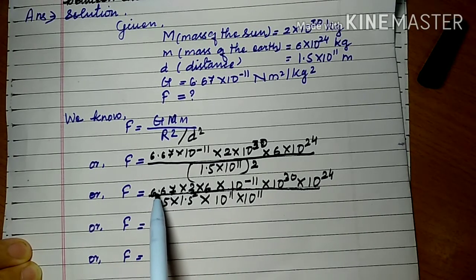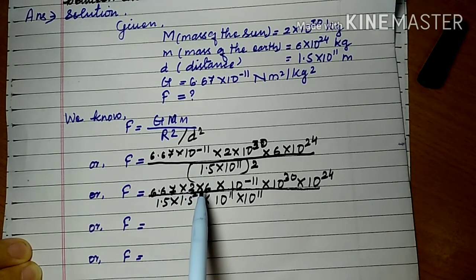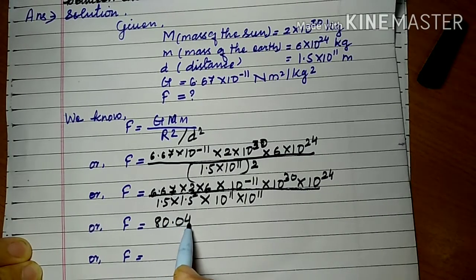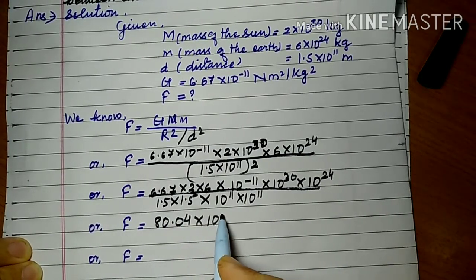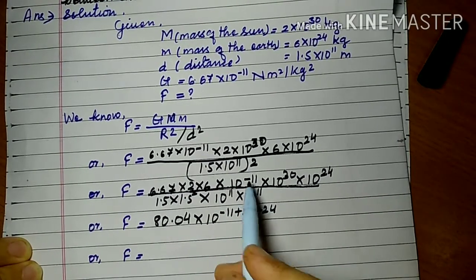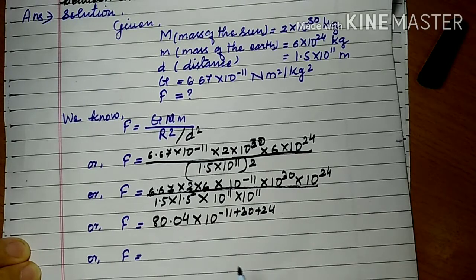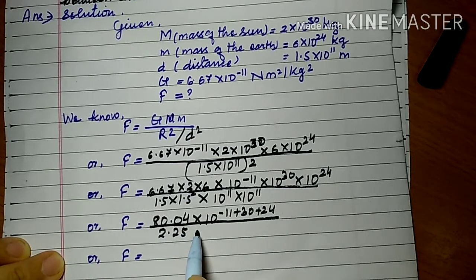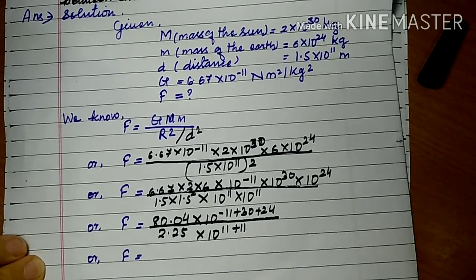So multiplication of 6.67 into 2 into 6 will give you 80.04 into 10 to the power minus 11 plus 30 plus 24, because this is minus sign, this is plus, this is also plus, and in denominator 1.5 into 1.5 is 2.25 into 10 to the power 11 plus 11, because this is positive.